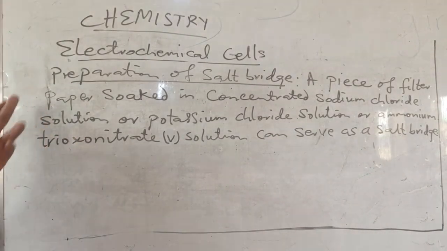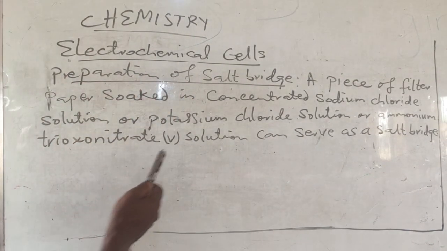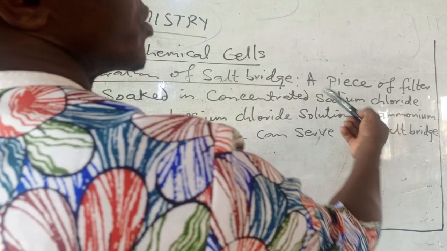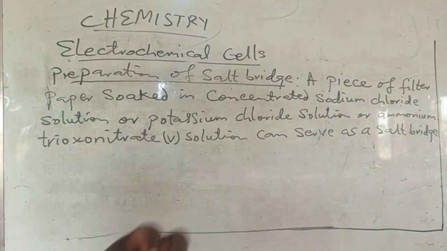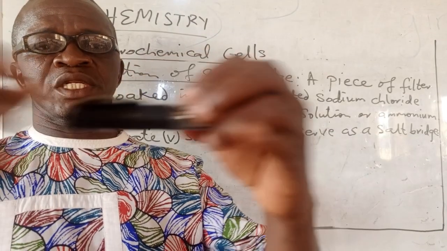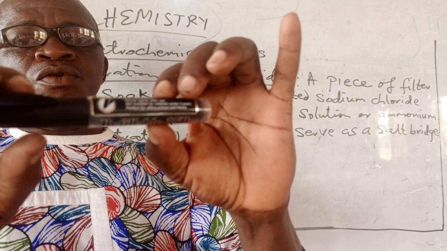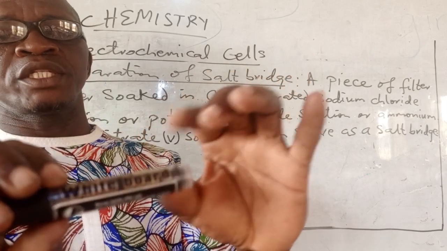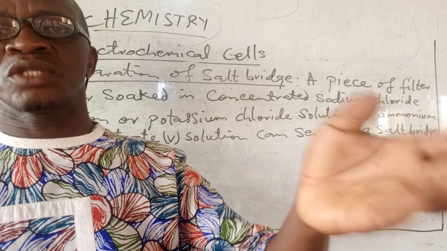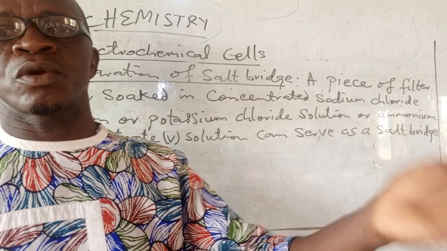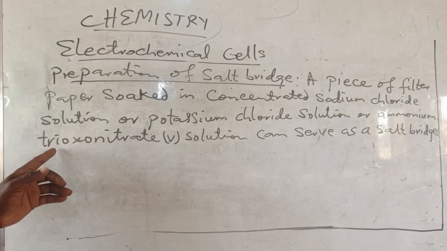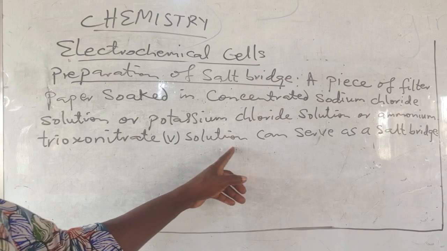Now salt bridge can be prepared using, just look at it, preparation of salt bridge. It can be prepared using filter paper. You know filter paper, you fold the filter paper and make it very long, slim like this. Then you prepare concentrated sodium chloride solution or potassium chloride solution as it is here, or concentrated ammonium trioxonitrate 5 solution.